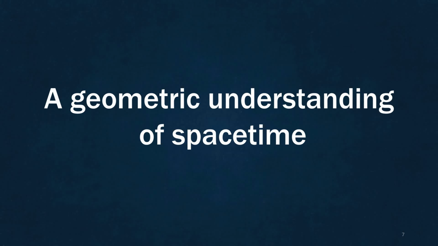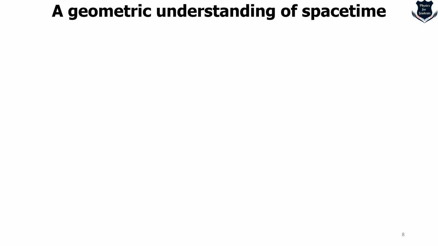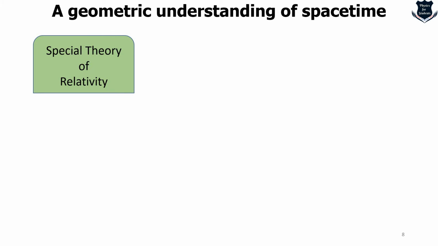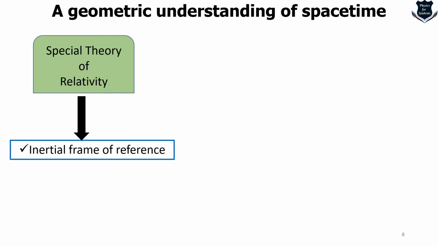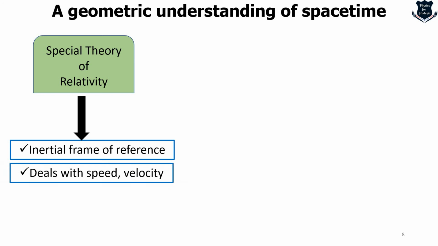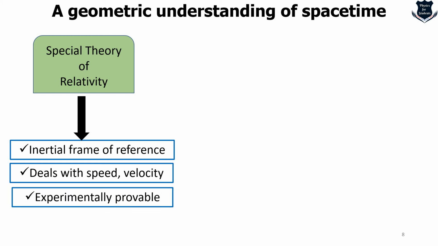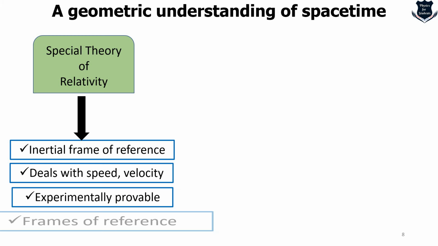Now, what do we mean by geometric understanding? We will come to that, but we will understand in this part that it is more of a geometry, and then we have to be well equipped and well prepared with the mathematics that deals with the geometric understanding. Now, consider the special theory of relativity, which most of you already know. Special relativity deals with the inertial frame of reference. It deals with speed and velocity, which are experimentally provable, and it has certain frames of reference.